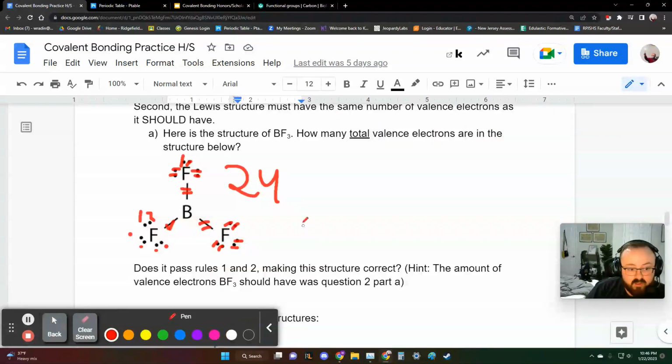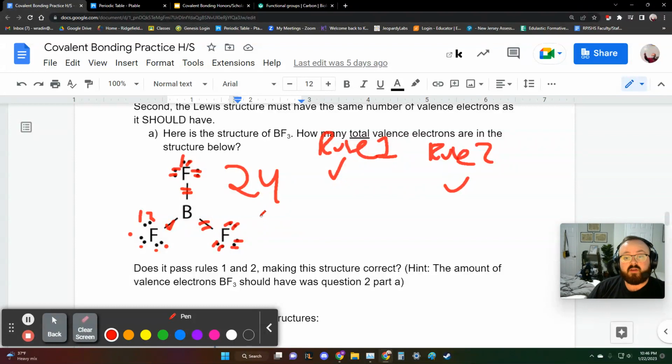There are 24 electrons, so it passes rule 1 because I tell you that boron is an exception, and it passes rule 2 because there are 24 valence electrons and there should be 24 valence electrons. So this would be a correct structure. And what you're going to have to do is tell me, is this or is this not a correct structure?